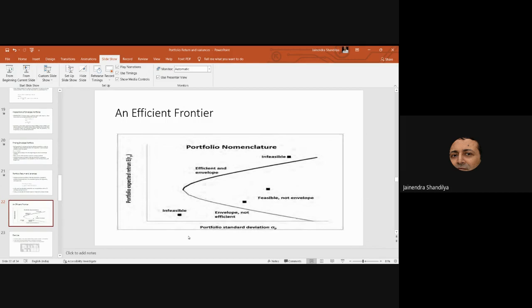So can you calculate the global minimum variance portfolio out of the portfolio that we have given to you? Do you know how to do this? No, sir. We do not know how to do it, but we know the concepts only.